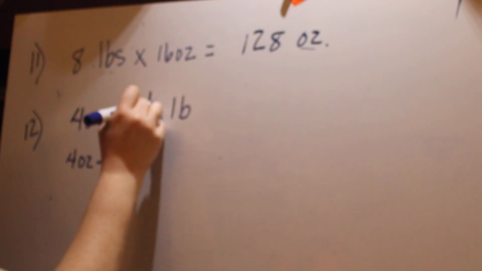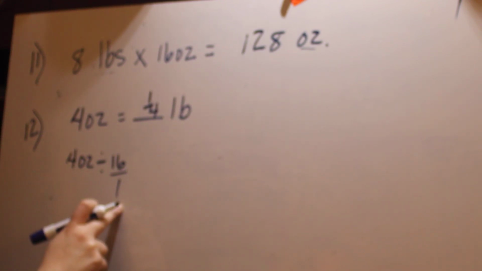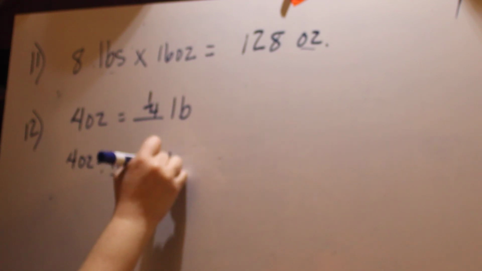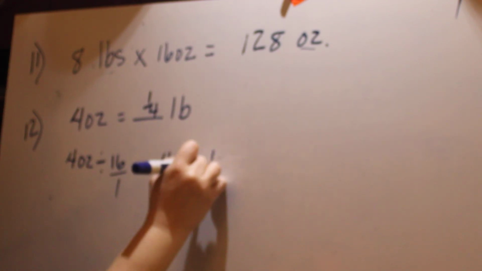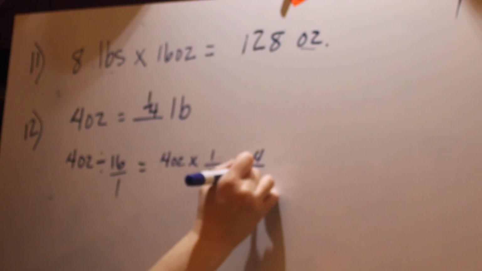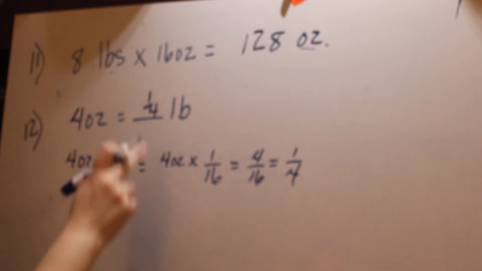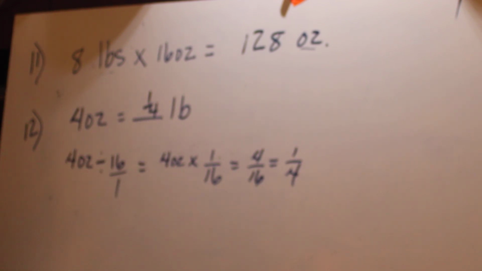That gives you 1/4 of a pound. How would I do it like this? You could do keep, change, flip, and do 4 ounces times 1 over 16. That gives you 4/16. That reduces to 1/4 of a pound.